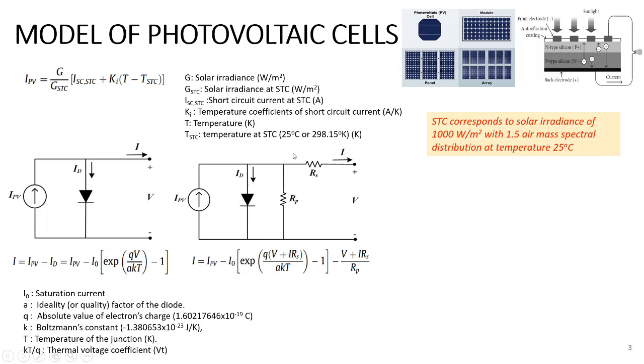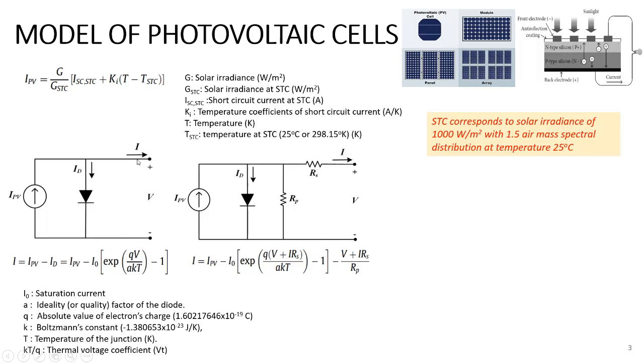In the practical diagram, we consider the existence of the line resistances in series and parallel connection, which represent the power dissipation in the PV cells.